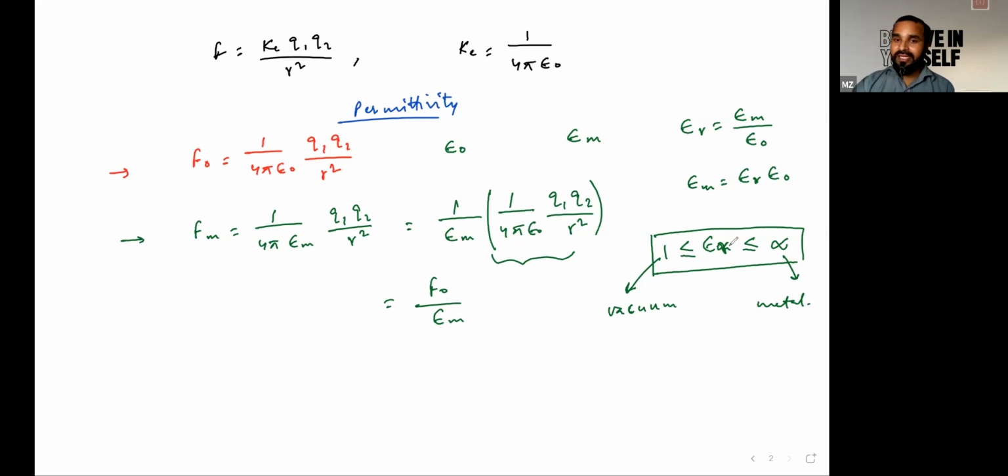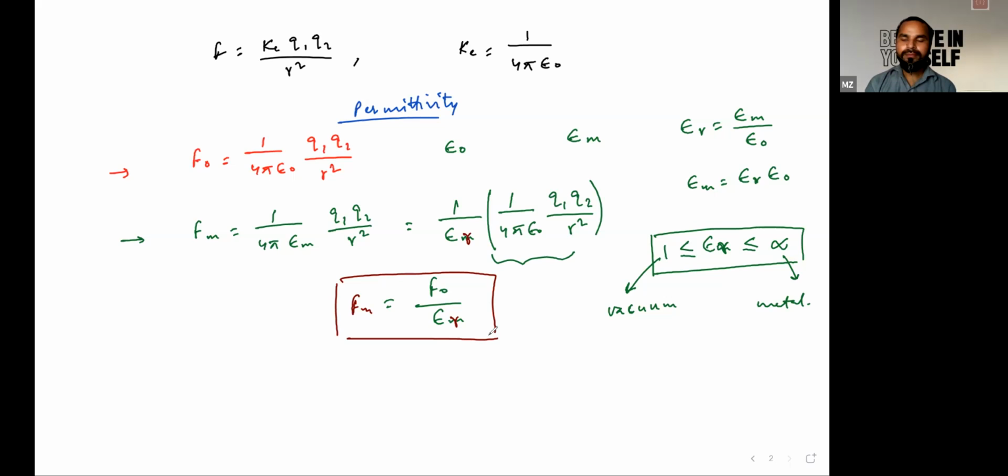So epsilon r is greater than or equal to 1. If the denominator is greater than 1, the whole ratio will decrease, by a factor of epsilon r, as we have substituted. So from this, we can define that the force in any medium is lesser than the force in vacuum.